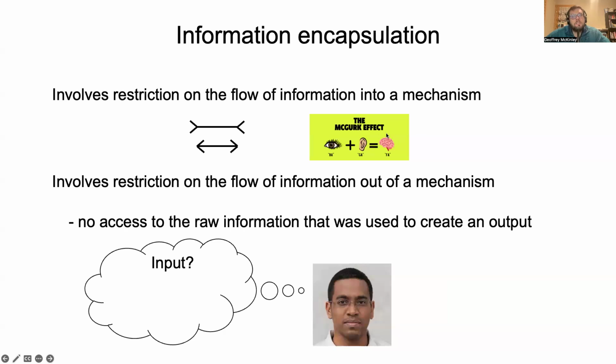The McGurk effect is also another example of information encapsulation. So the McGurk effect is when you see somebody saying ba with their lips, right? And you can tell that even if you couldn't hear it, you probably would get a sense that I might be saying ba, right?